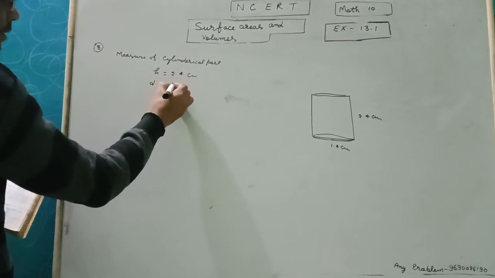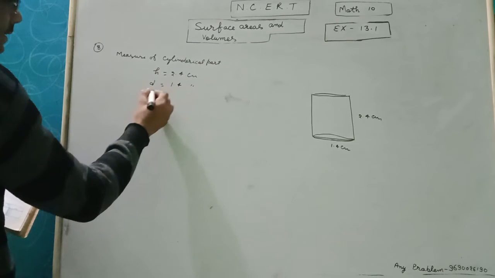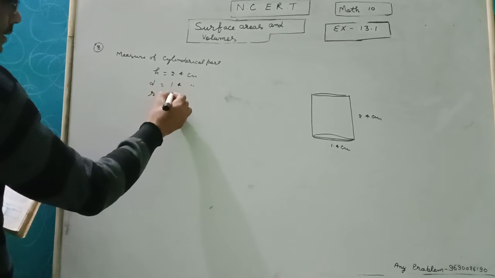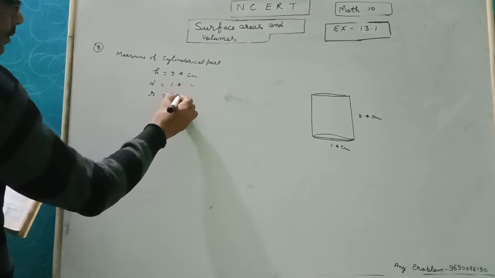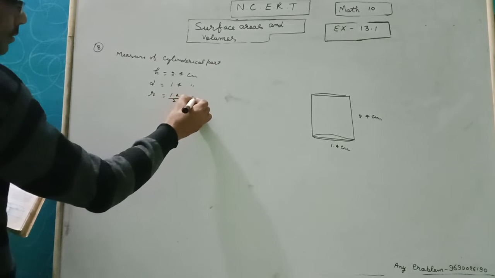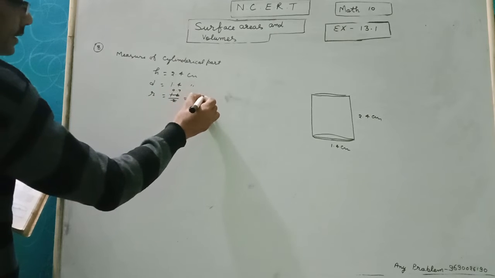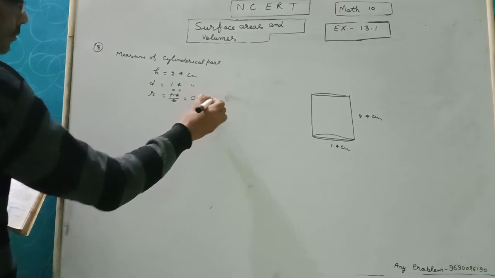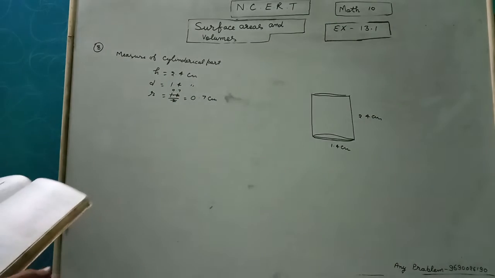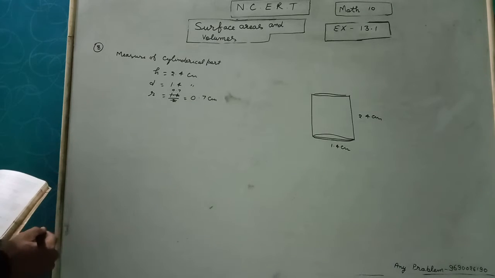Diameter is equal to 1.4 cm. Then R will be 1.4 upon 2, divided by 2, is 0.7. 0.7 will be the radius of the base.